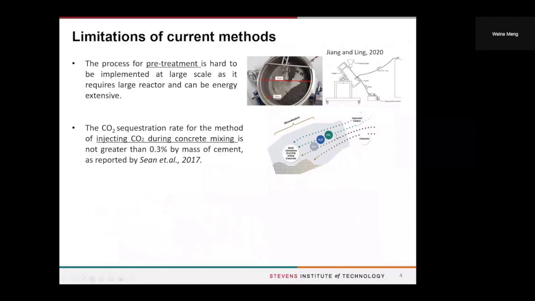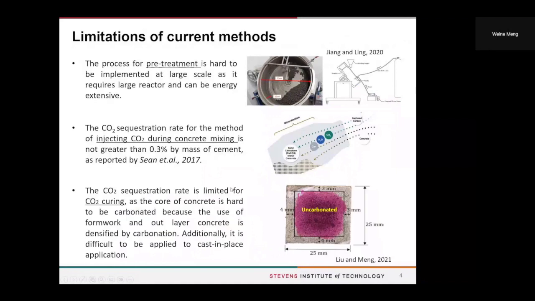One is that CO2 has very low solubility in water. Second, CO2 has a very low reaction rate with the alkalis in the fresh concrete. And also, the mixer is hard to really enclose or seal, so the CO2 is highly likely to be released back to the atmosphere.